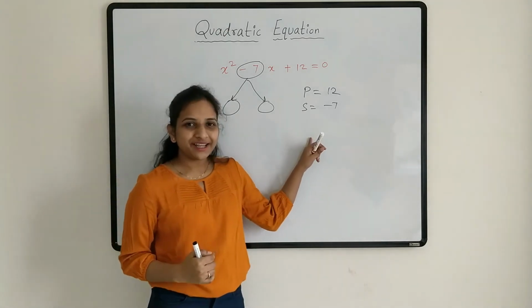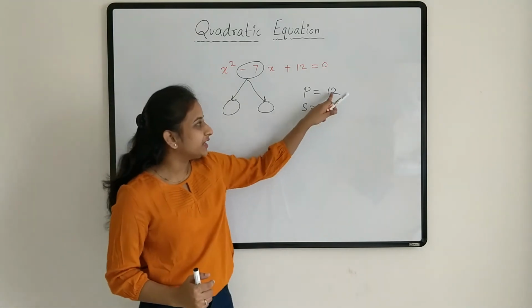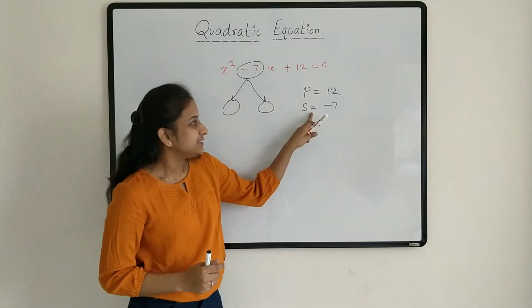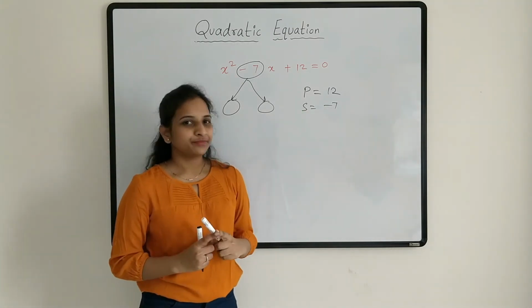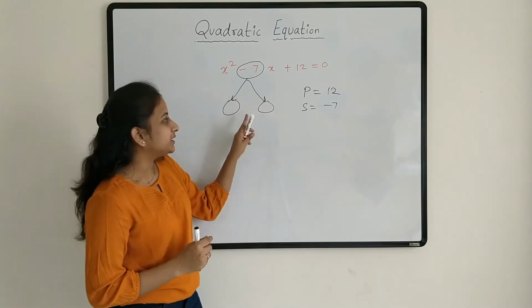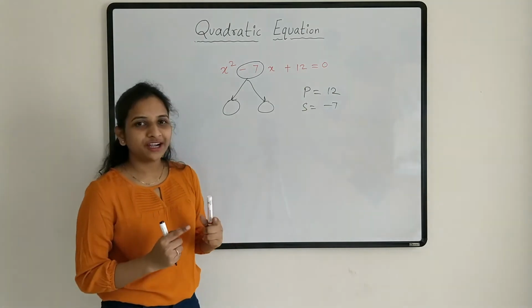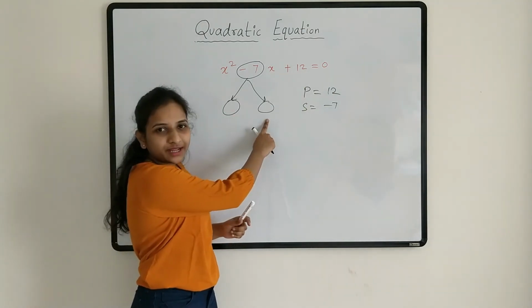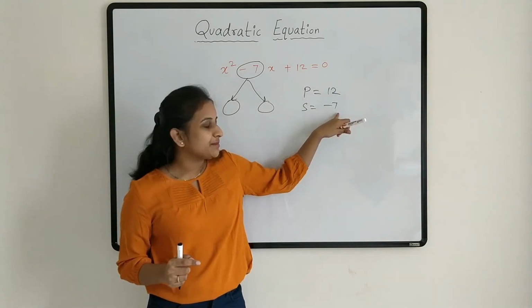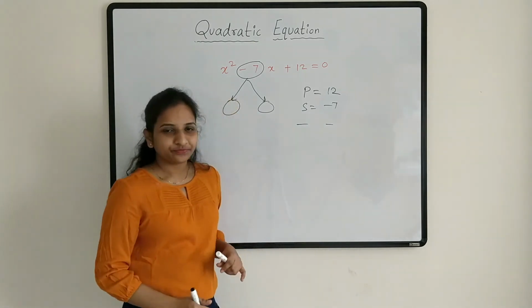Here, for understanding purposes, I am writing it. Can you find the two numbers whose product is 12 and sum is −7? Sum is −7 means at least one number should be negative, but the product of these two numbers is positive. Then both the numbers should be negative. Only then is the product positive and the sum negative, right?